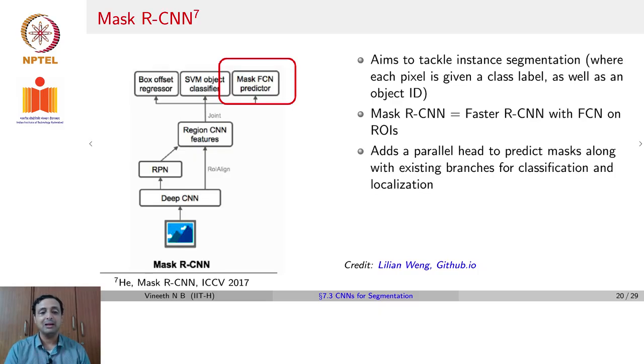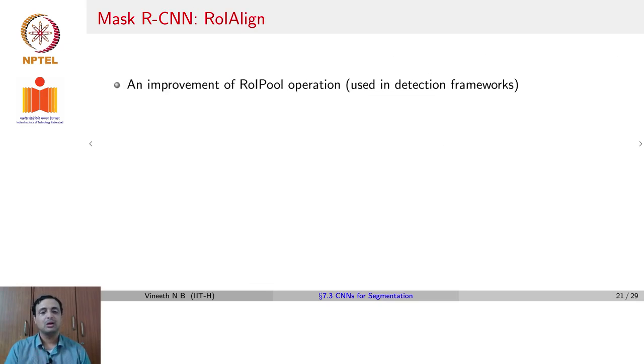It adds a parallel head along with your SVM object classifier or simply your classification module and your bounding box offset regressor. You now add a mask predictor. That's a third head. An important contribution in Mask RCNN to be able to achieve the mask accurately was a module known as ROI Align.